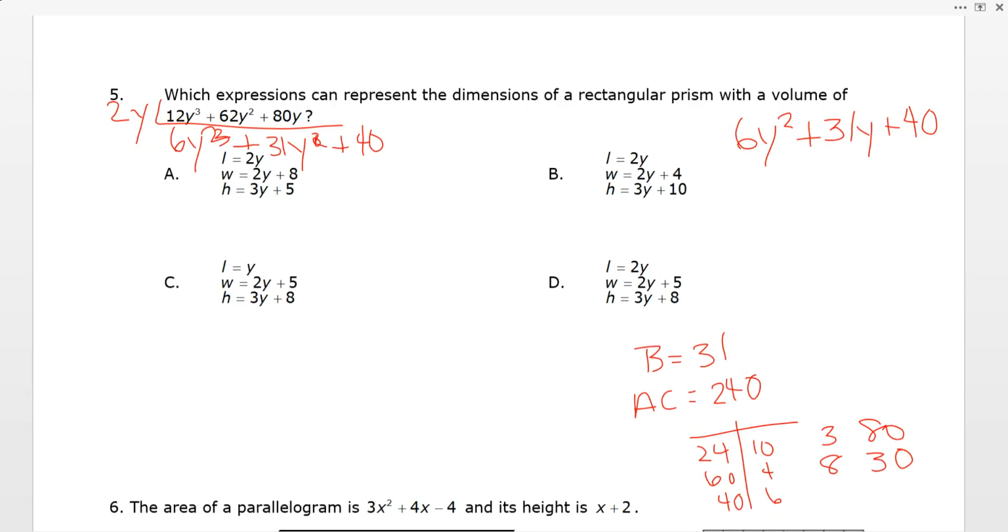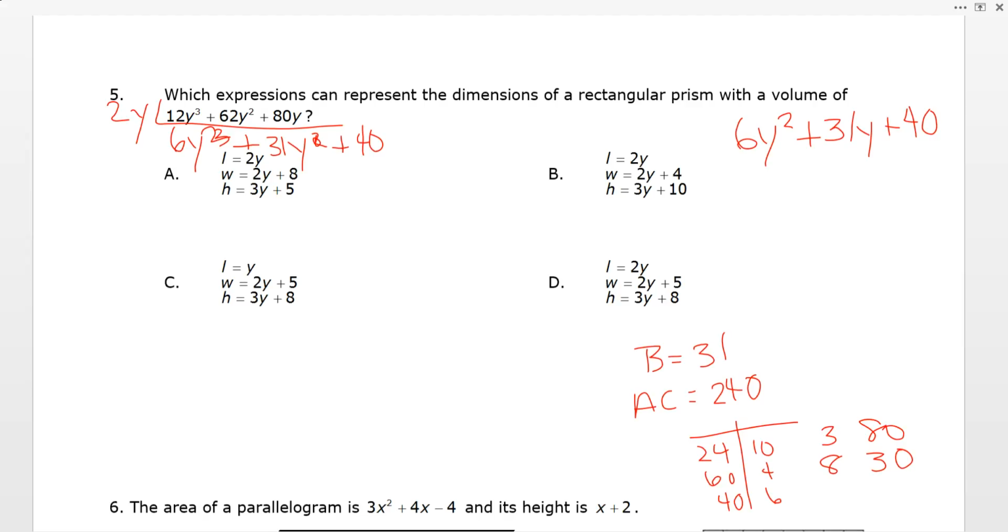This is when I might pull out my calculator and go to y equals and put in 240 divided by x. Go to my graph. 2 and 120, 3 and 80, 4 and 60, 5 and 48, 6 and 40, 8 and 30.